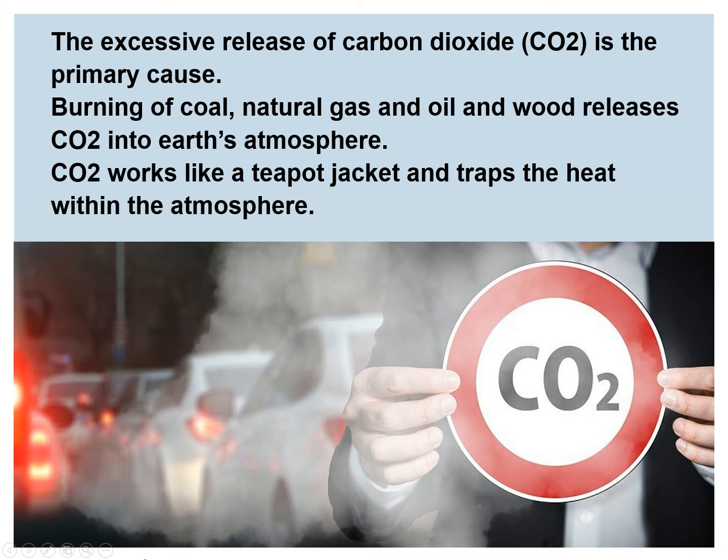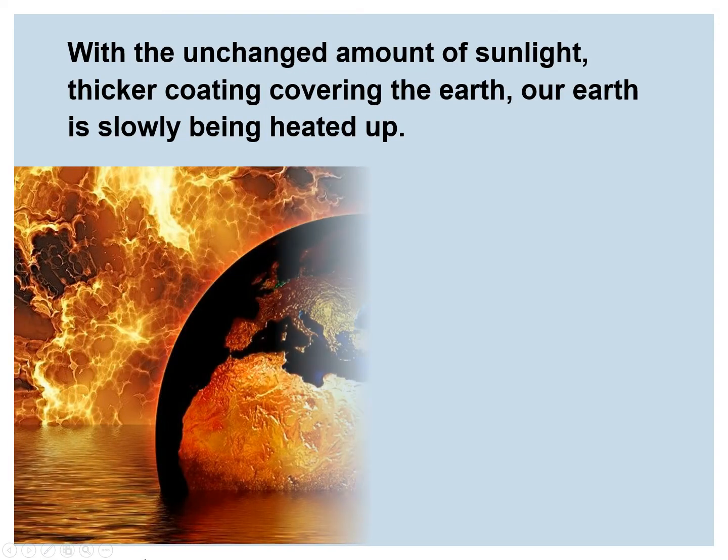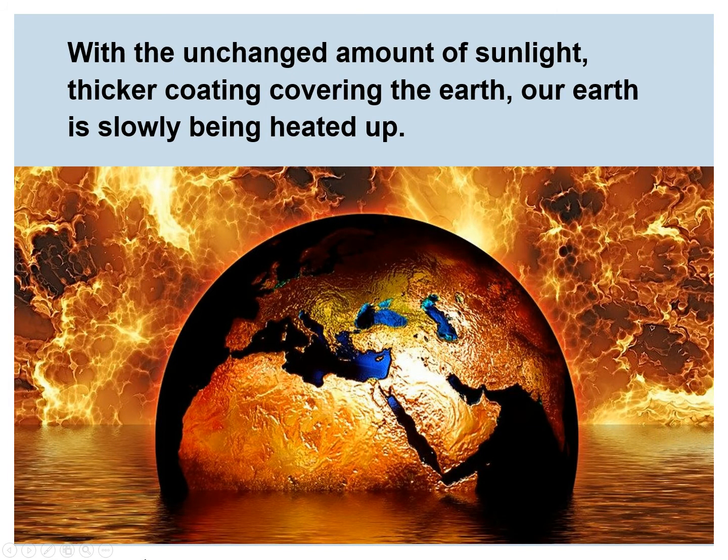Burning of coal, natural gas, oil, and wood releases CO2 into Earth's atmosphere. CO2 works like a teapot jacket and traps the heat within the atmosphere. With the unchanged amount of sunlight and a thicker coating covering the Earth, our Earth is slowly being heated up.